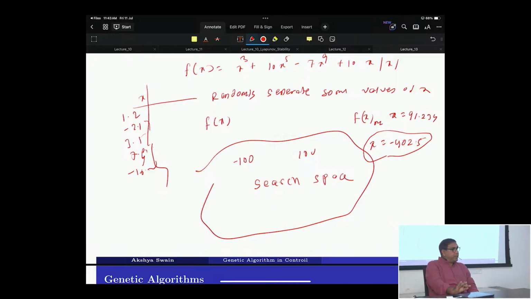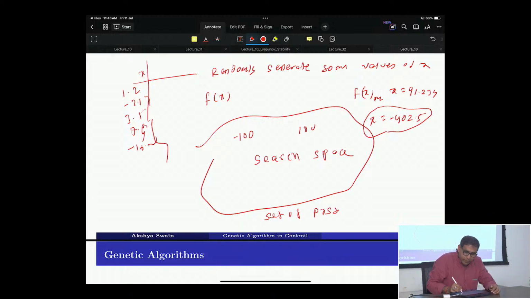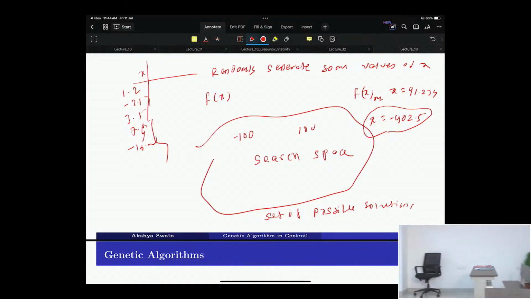So we are not entering into that. Let's come to this point first. If you are not using derivative-based optimization, you generate a set of possible solutions, minus 100 to plus 100, let us say, random numbers. These are called the set of possible solutions. It may not be the solution.